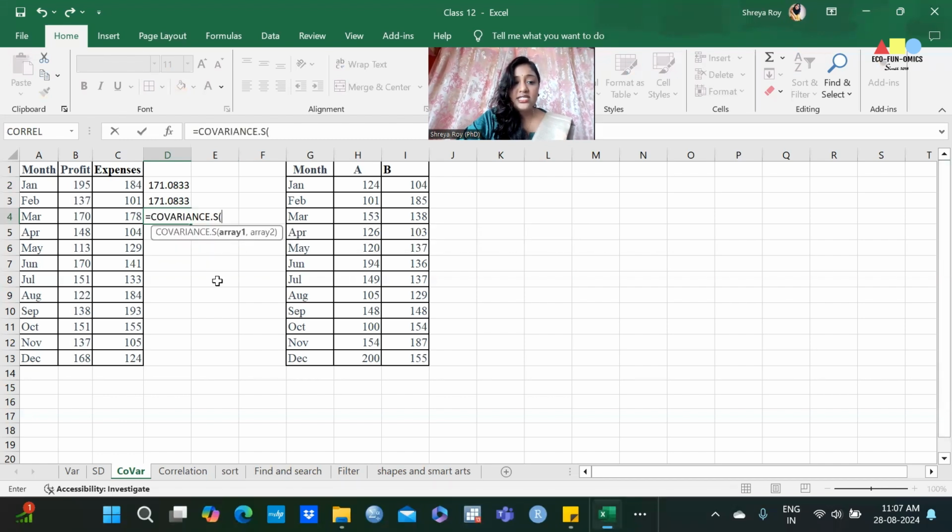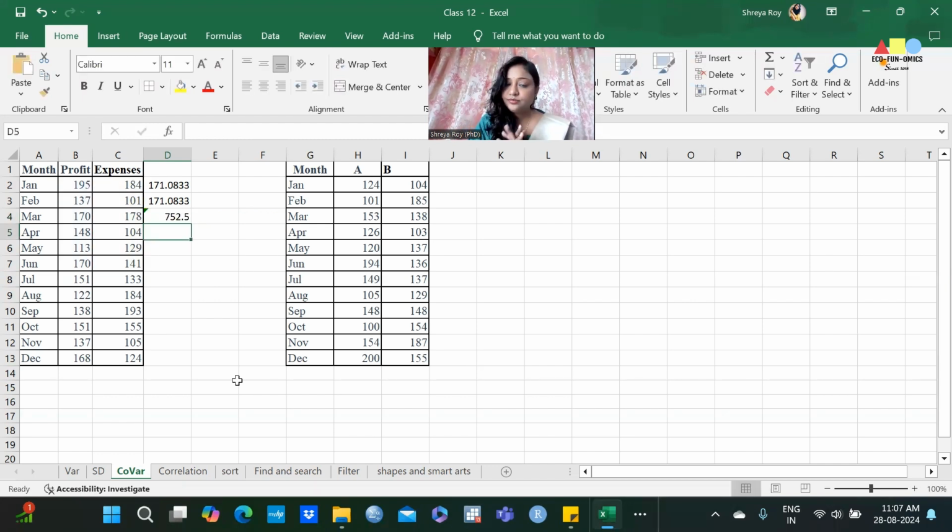Covariance dot sample, covariance dot s, select 6 months, comma, select the variable 2 6 months, close bracket, enter. Okay, are we clear? Let's do one more exercise.